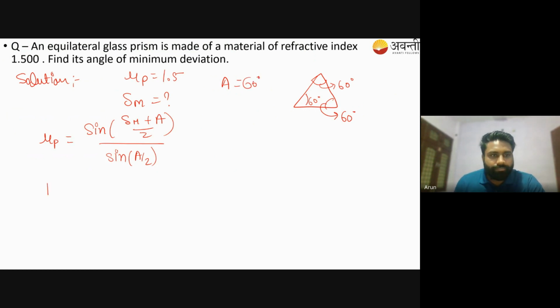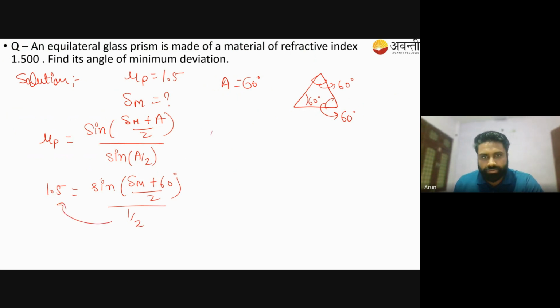So what is the value of mu p? It is 1.5. It is sine of (delta m plus A)... delta m we have to find out... plus 60 degrees, divided by 2. Sine A by 2 means sine 30, which is 1 by 2. This 1 by 2 goes to the other side. So you will have sine of (delta minimum plus 60) divided by 2 is equal to 1.5 times 1 by 2, which gives you 0.75.